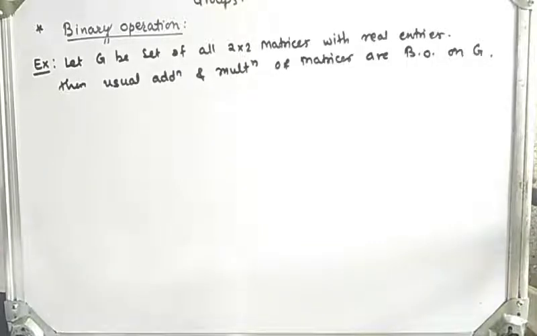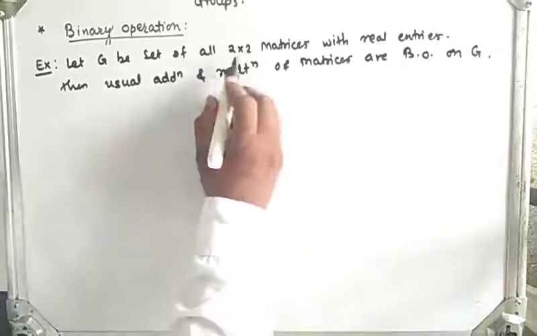Hence addition is not a binary operation on the set of all matrices. So is the case of multiplication. It means if the order of two matrices is the same, then we take addition and multiplication.